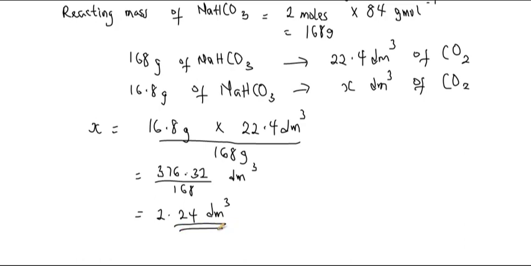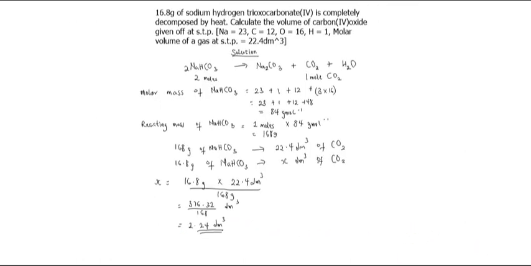So this serves as the final answer, and this means that 16.8 grams of sodium hydrogen trioxocarbonate 4 will give off 2.24 dm cube of carbon 4 oxide at s.t.p.